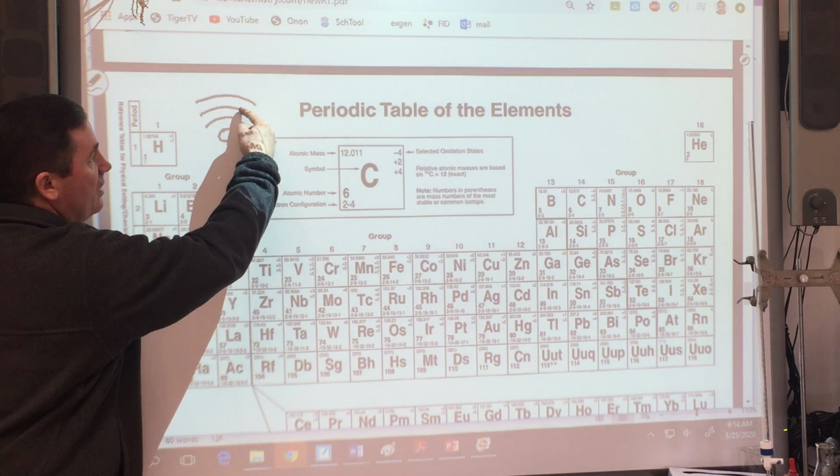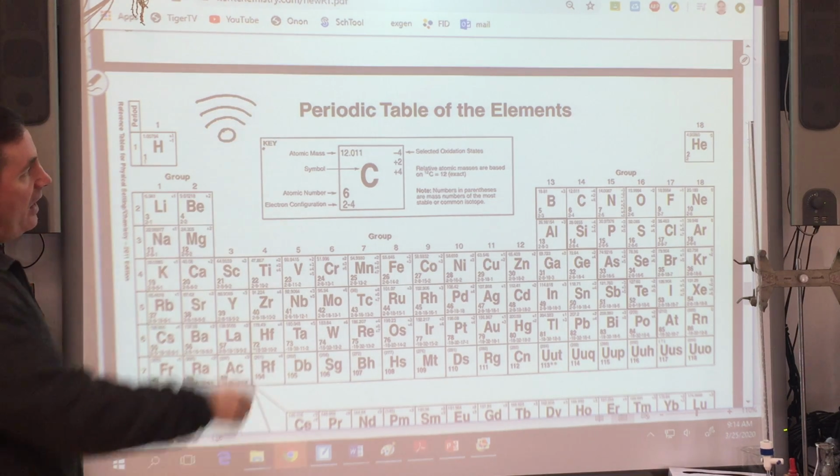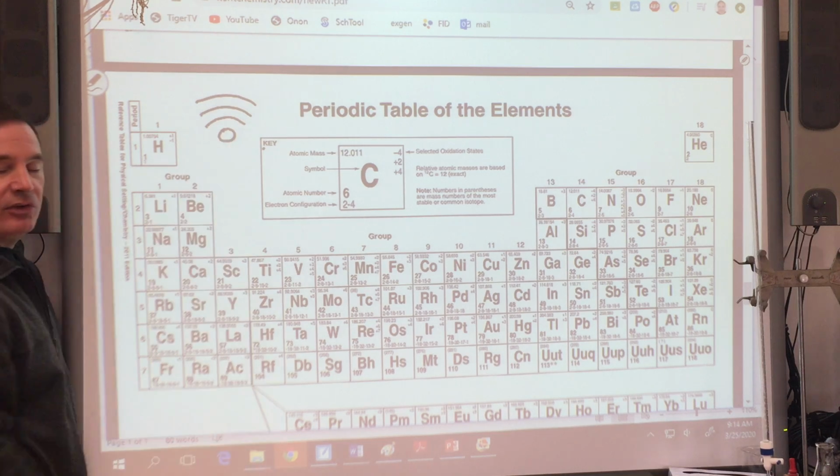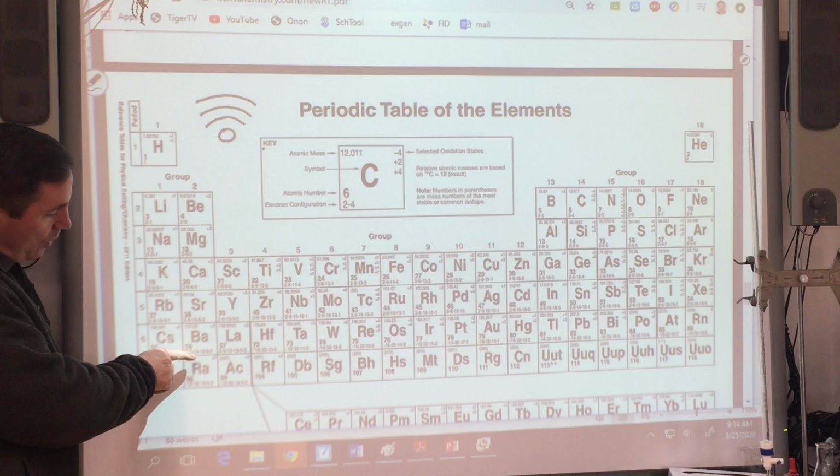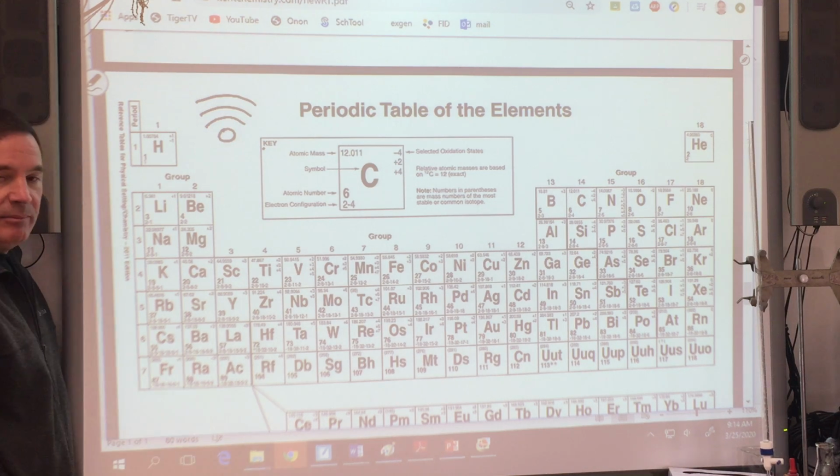So we're adding one of these every time. And because of that, these electrons are getting further and further away from the nucleus. Because they're further away from the nucleus, it's going to be easier to pull an electron off as you go down to barium and radium.